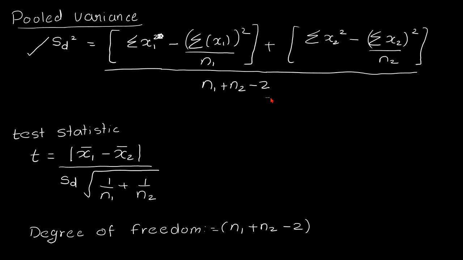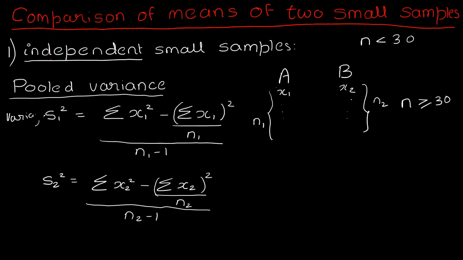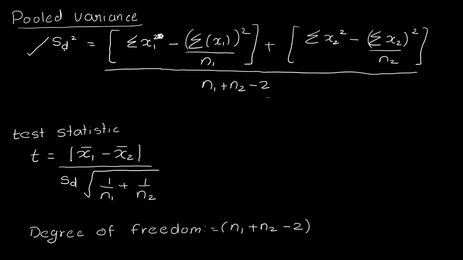You will have to remember this formula. Even if you forget the two earlier formulas, it's fine. You need not calculate s1 square and s2 square separately, but you need this formula for sd square. Once it has been found, we substitute it in our test statistic.